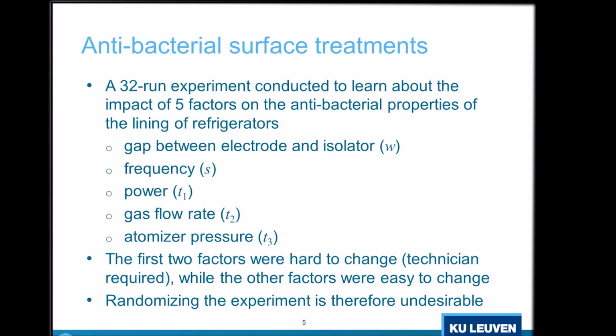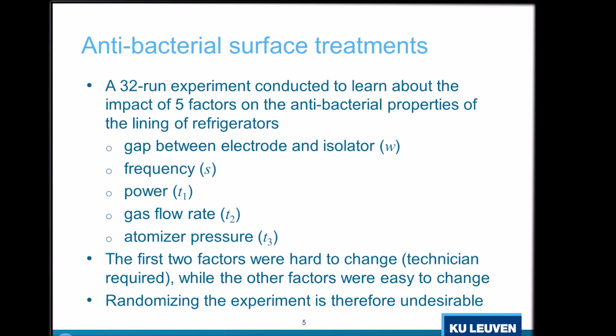The 5 factors are listed in the middle of the slide, and a key feature of 2 of these factors is that they are hard to change. Now, what does that mean? Well, the first factor, the gap, and the second factor, the frequency, they require a technician to be changed. So to change the gap, to change the frequency, a technician has to be called, and this was cumbersome.